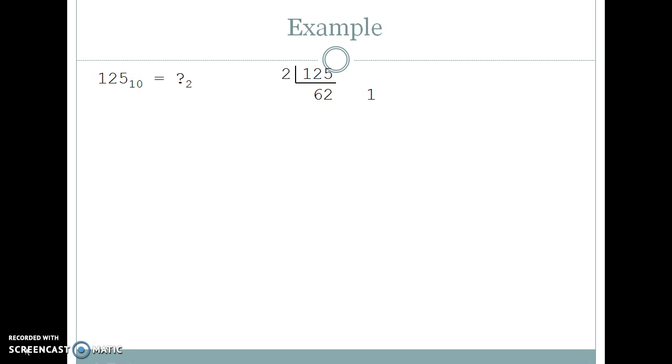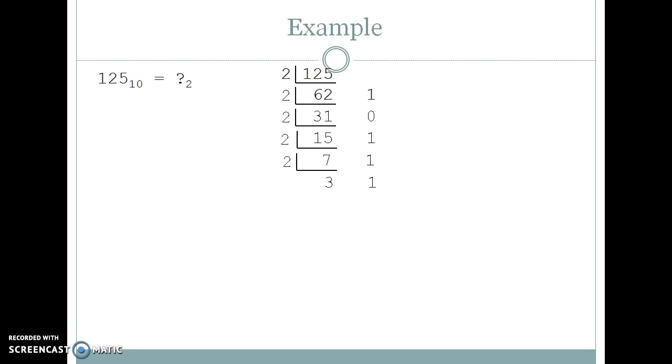Let us suppose the number is 125, that is in the decimal number system, and we have to convert it into the binary number system. So we divide this number by 2 and we get 62 with remainder of 1. Similarly, again we divide it by 2, we get 31 and the remainder is 0. Again divide by 2, we get 15, remainder is 1. Now again 2, the answer is 7 and the remainder is 1.